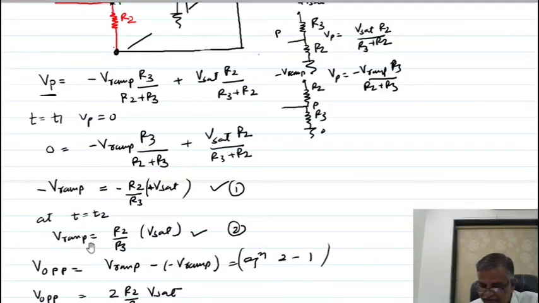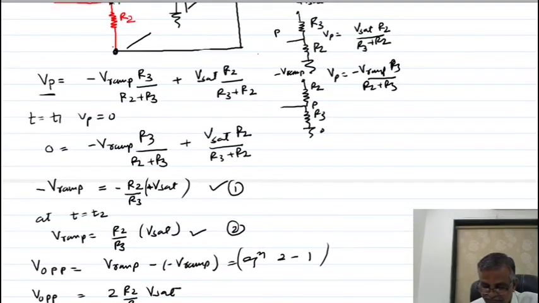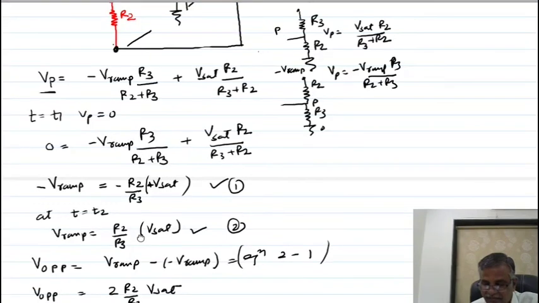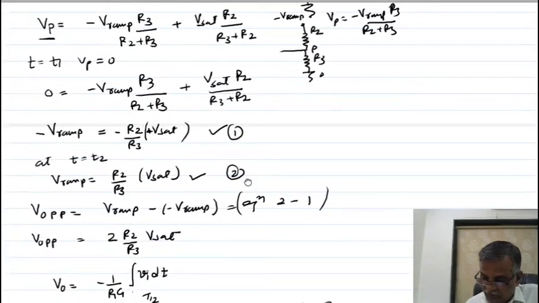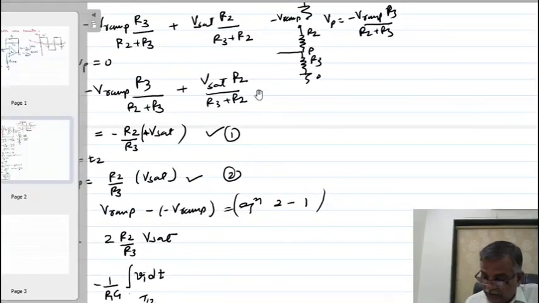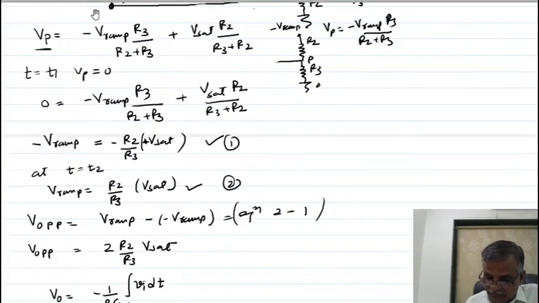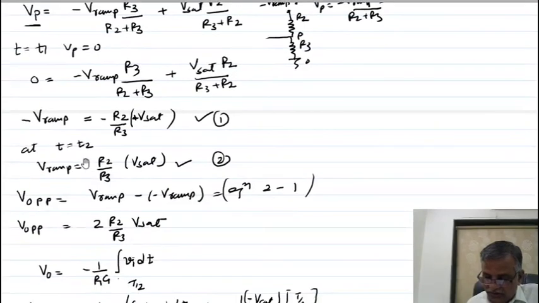So I will get this equation. Equation 2 minus equation 1, you will get VO peak to peak. So those who are having a doubt in this equation, for them I am writing here.